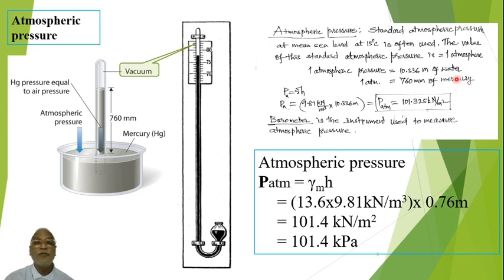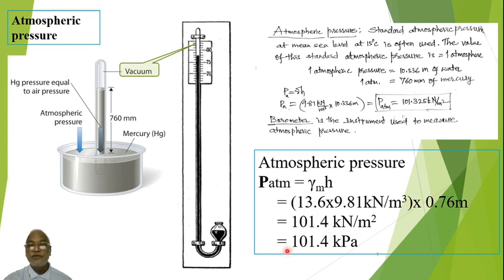Now, to calculate what exactly the atmospheric pressure is, we know this formula: P is equal to gamma into H. If you consider water, gamma is 9.81 kilonewton per meter cube, and H is 10.336 meters. The same thing can be calculated in terms of mercury also, so gamma has to be that of mercury. Gamma of mercury is 13.6 into 9.81, then multiplied by 0.76.